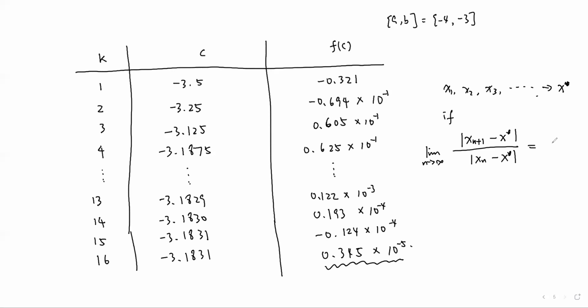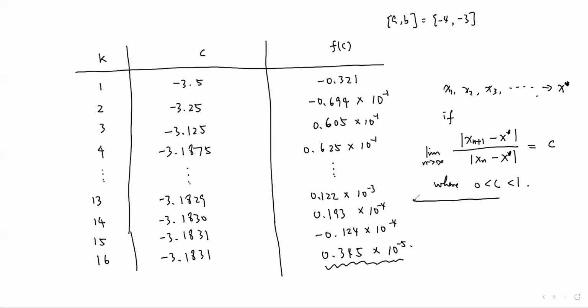If this is some number C, where C is greater than 0 and less than 1, then we say that the convergence speed is linear. Now, bisection method.